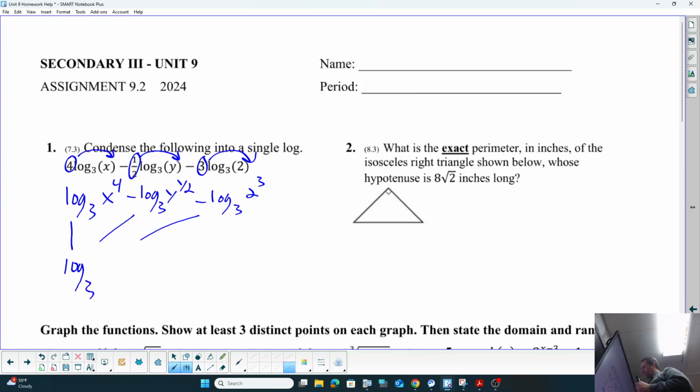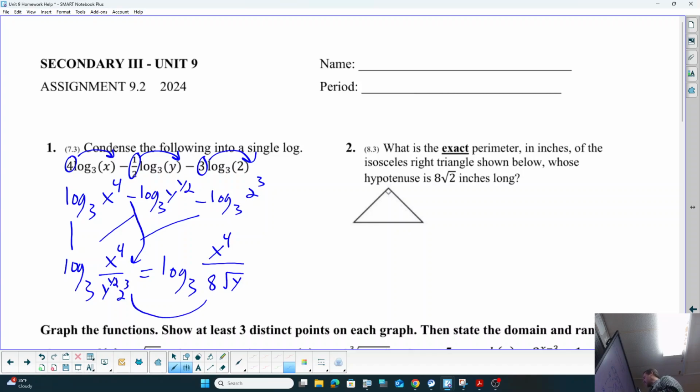We have x to the 4th power, and subtraction becomes division, y to the 1/2 power, and also subtraction becomes division, 2 to the 3rd power. And so that can be reduced even more. x to the 4th power divided by the square root of y, since y to the 1/2 power is the same as the square root of y, and then 2 to the 3rd power is 8. Nice. There we go.